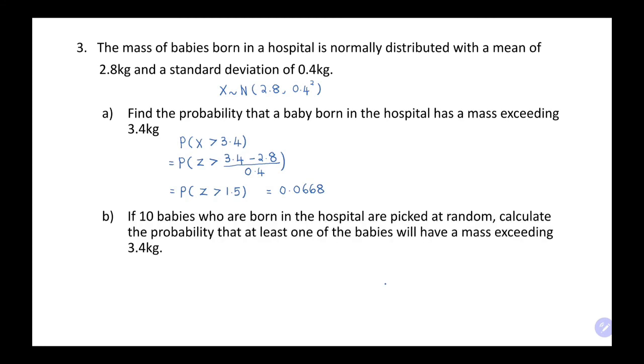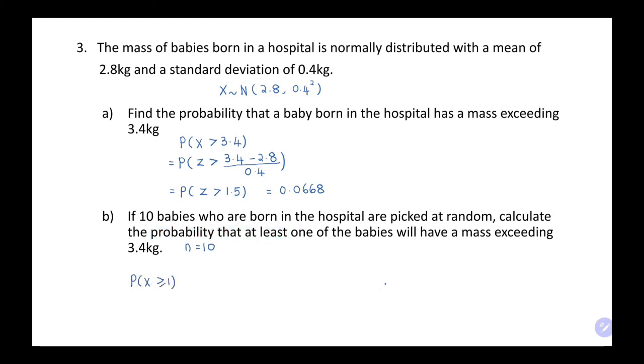Next question, B. If 10 babies born in the hospital are picked at random, calculate the probability that at least one of the babies will have a mass exceeding 3.4 kg. The total number of babies is 10, so n equals 10. We want to find P(X greater than or equal to 1).